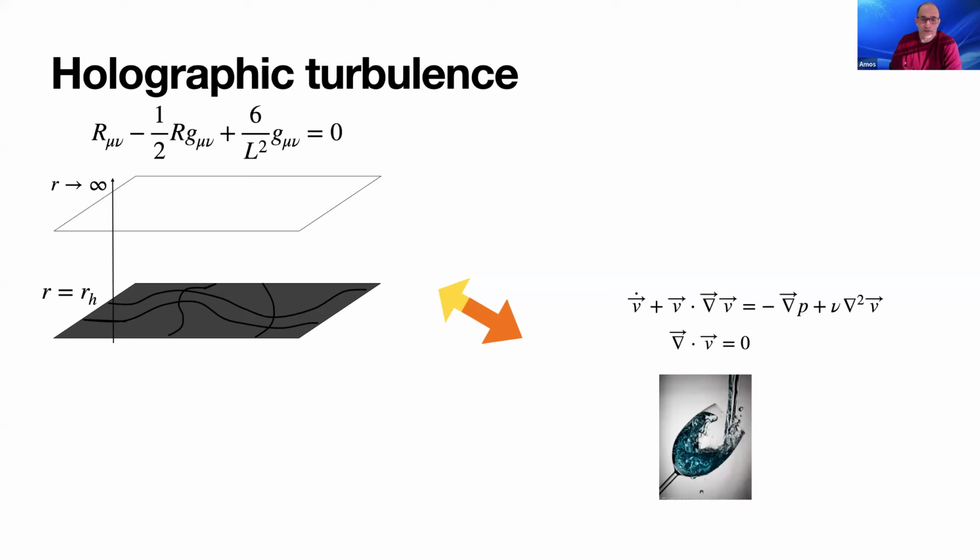You can describe scattering in these theories, you can describe the spectrum of these theories, and you can also describe thermal states in these theories. When you talk about hydrodynamics, you can think of them as perturbations of a thermal state, and this is just a very particular instance of the AdS/CFT correspondence.